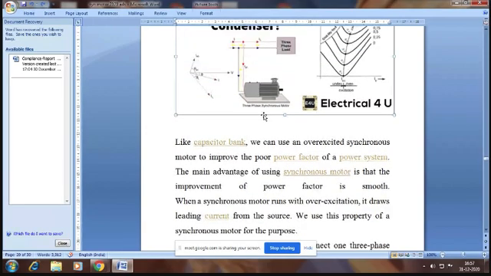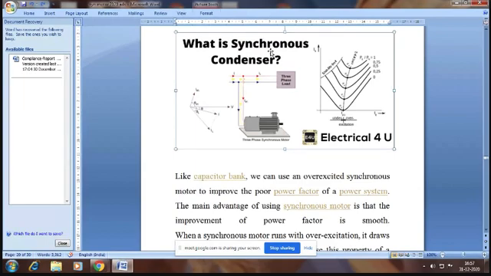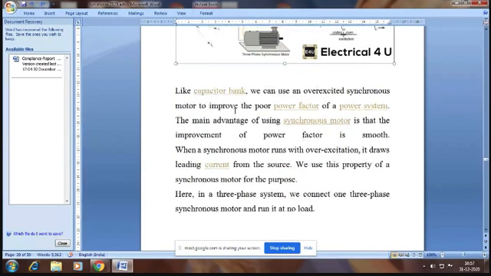Okay, and this kind of operation is called synchronous condenser. Like a capacitor bank, we can use an overexcited synchronous motor to improve the poor power factor of a power system. The main advantage of using a synchronous motor is that the improvement of power factor is smooth. This is very important.